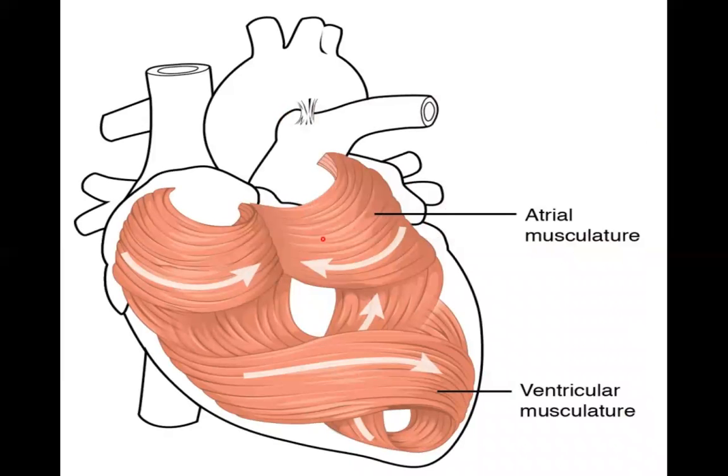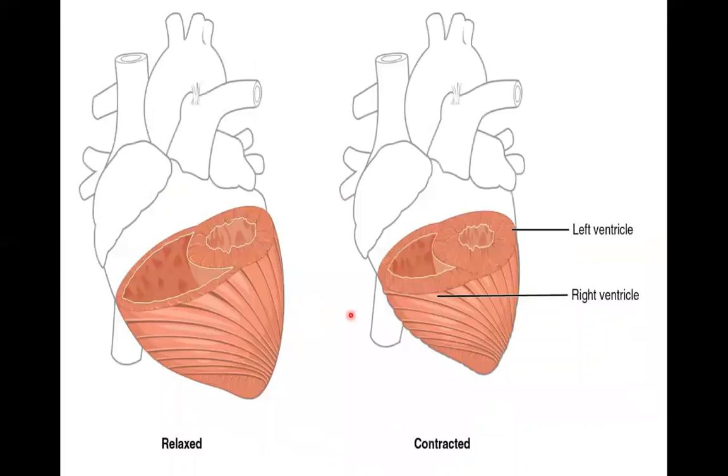This is a view of how the cardiac muscle is arranged in whorls and spirals, originating and returning to insert in this way around the cardiac skeleton, to give us this view.